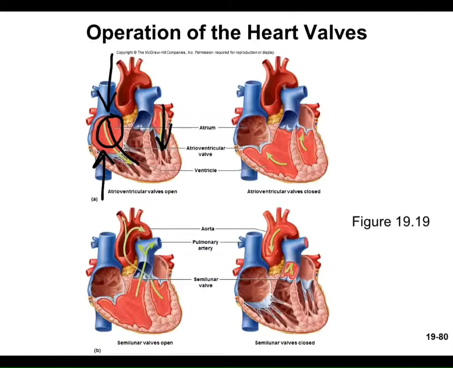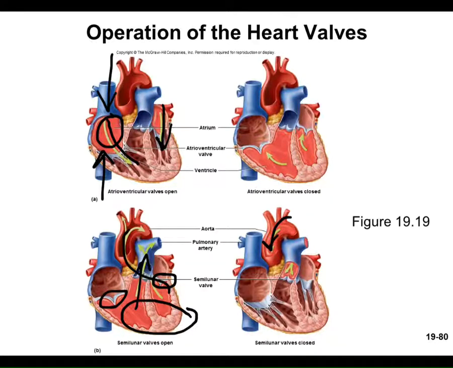So the AV valves are open, blood is coming down. And then when the ventricles begin to squeeze, then what's going to close? Those AV valves are going to close, and now what's going to be pushed open will be these semilunar valves pushing blood up into those chambers. And then what happens? It can't come back, can it? So we think about blood being unidirectional.